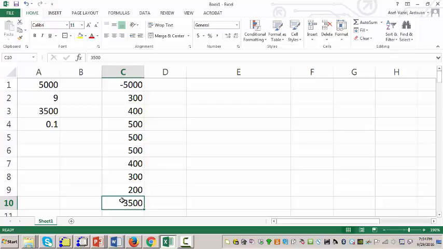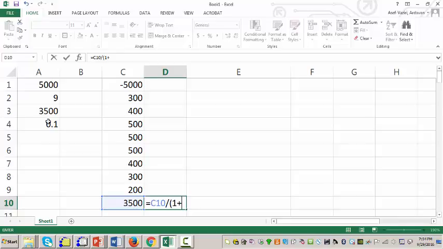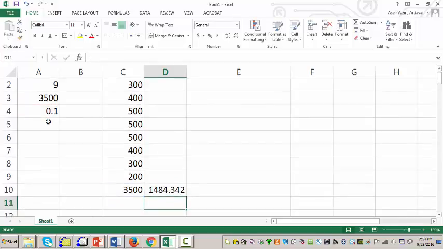We just say 3,500 divided by 1 plus interest rate to the power of 9, and that would be the present value. For example, here, present value of this one is 3,500 divided by 1 plus our interest rate, 10%, to the power of 9. Therefore, the value of $3,500 9 years from now is less than $1,500 today.